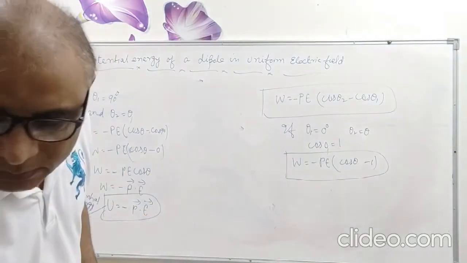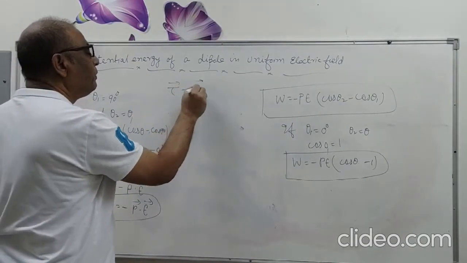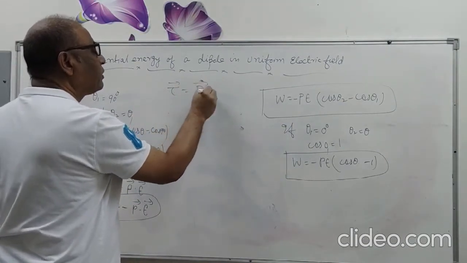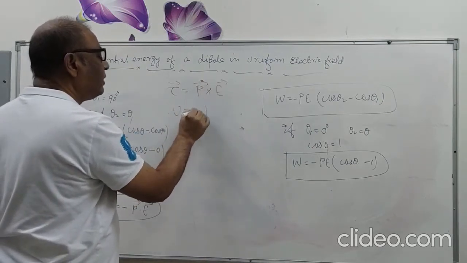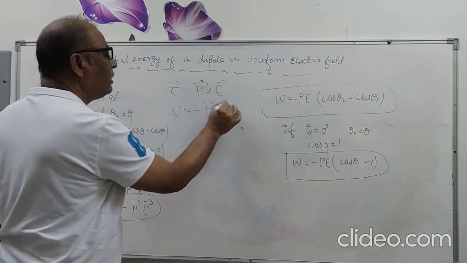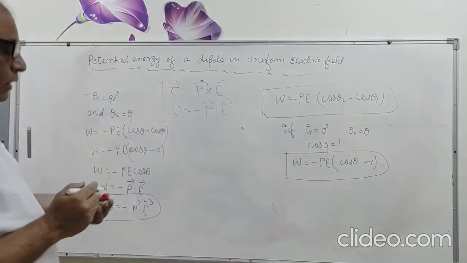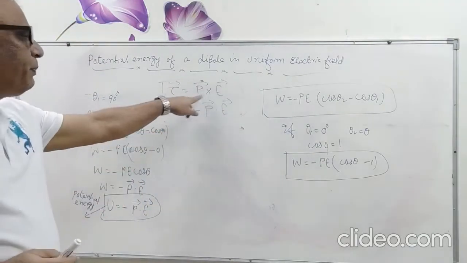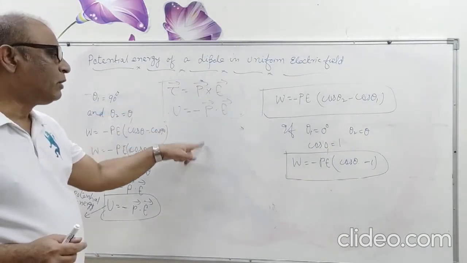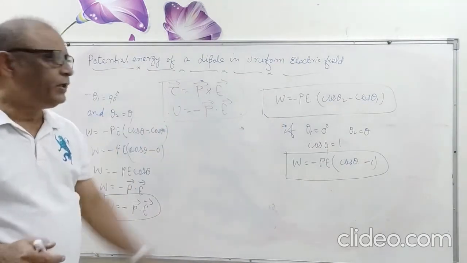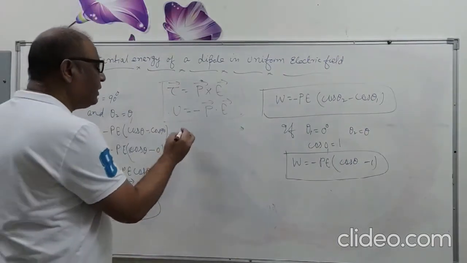Here torque is equal to P cross E, and U is equal to minus P dot E. So torque is the cross product of P and E, and potential energy is the negative of the dot product of dipole moment and electric field. The SI unit is energy, so joule.